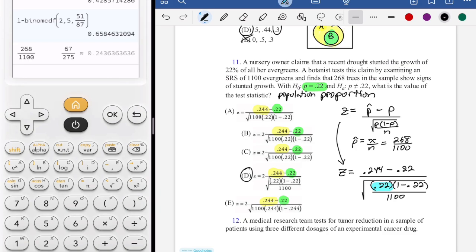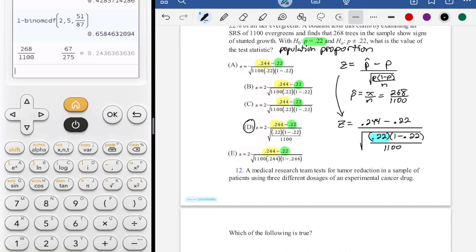But there is a world where that would be the case, and that's usually when you don't have a reasonable assumption that the claim of 0.22 is actually correct. If we think that it's more leaning towards the alternative hypothesis, something other than 0.22, I would use 0.244 in here, but that's not the case here.